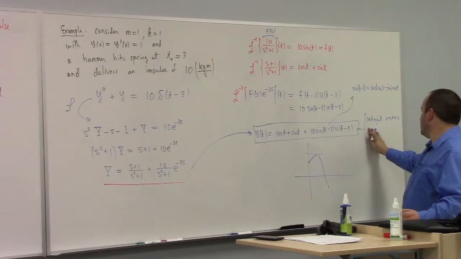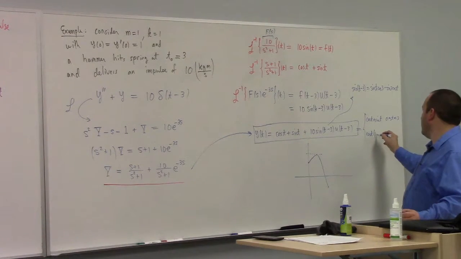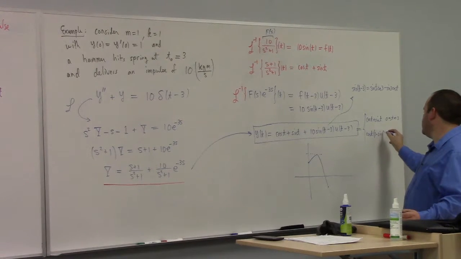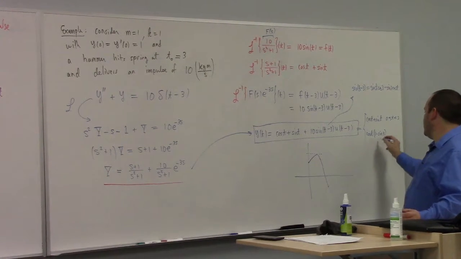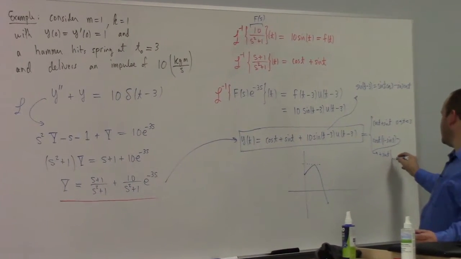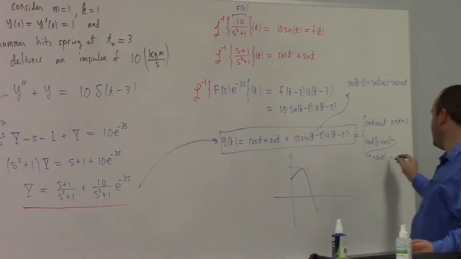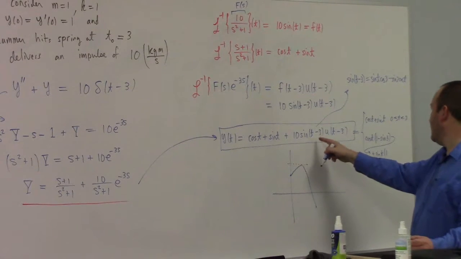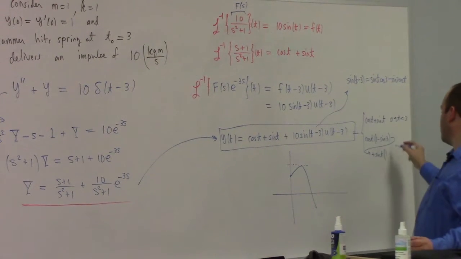So after time 3, we've got cosine of t times 1 minus sine 3, plus the sine of t times what? I got my 1 from the start, it's still there, and then this gives me plus cosine 3.